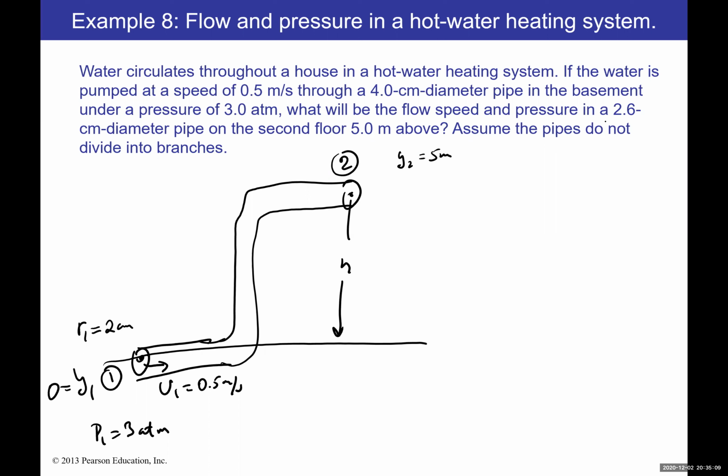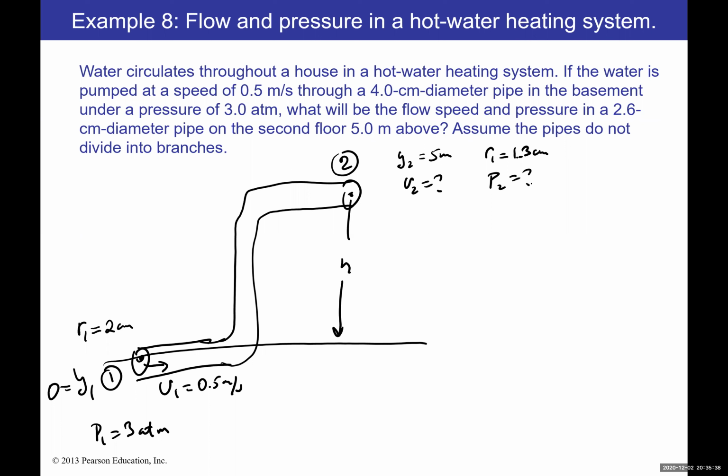This is a 2.6 centimeter diameter, so r2 is 1.3 centimeters, the radius of the cross-sectional area. What we want to know is the speed and the pressure, so what is v2 and what is P2? Now, we have pretty much two unknowns.